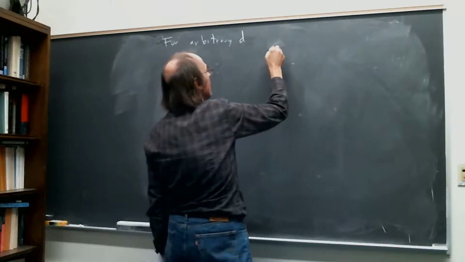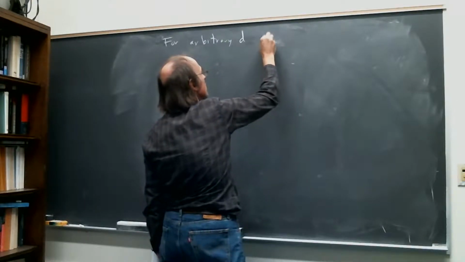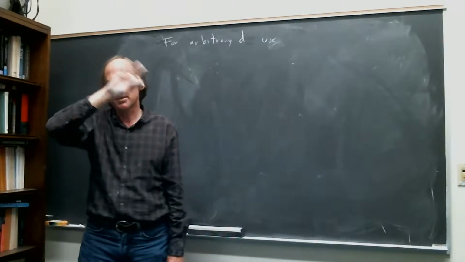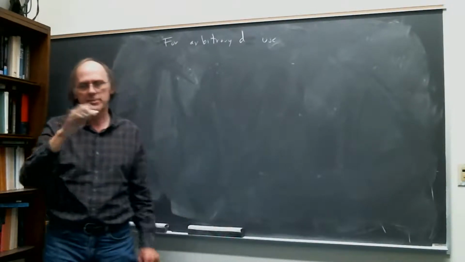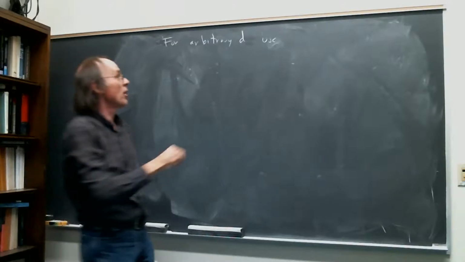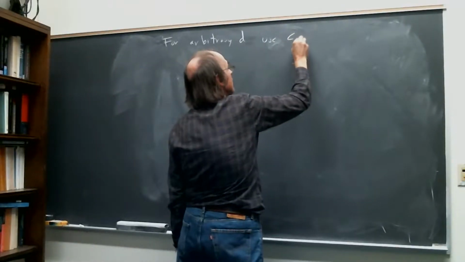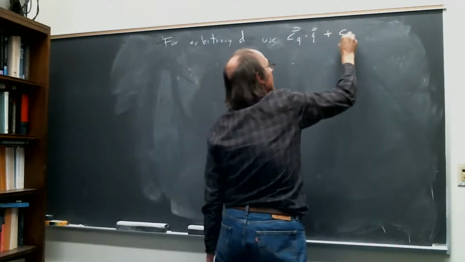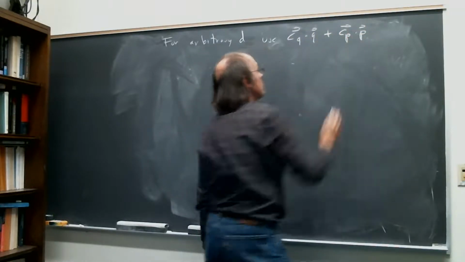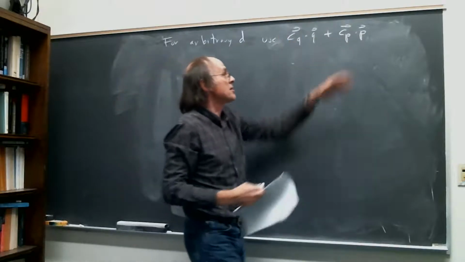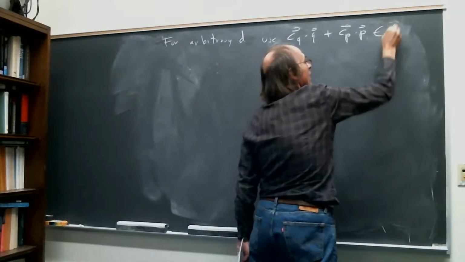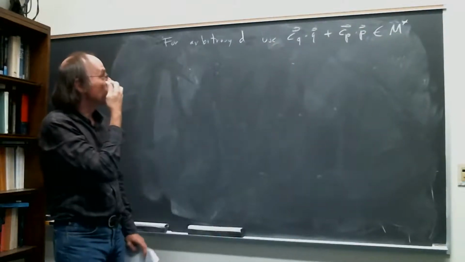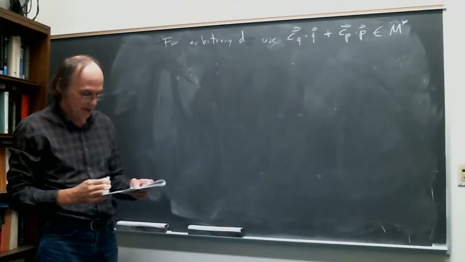Everywhere where I had constants and q's and p's, just make everything vectors and use the dot product. So you're going to use CQ vector dot the q vector plus CP vector dot the p vector as an arbitrary element of the dual.